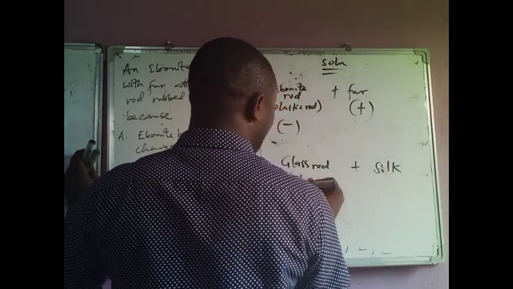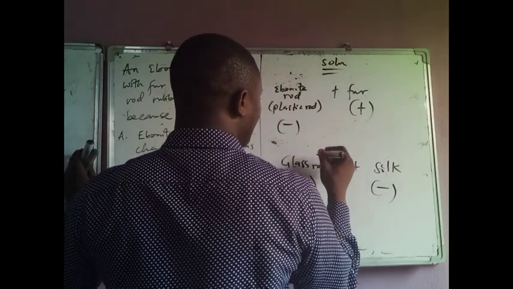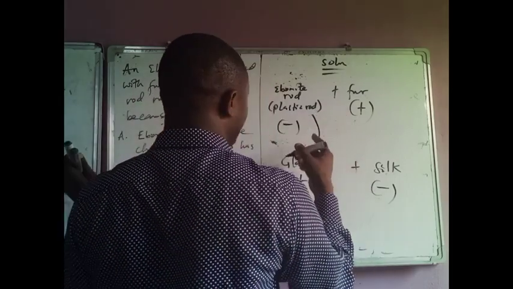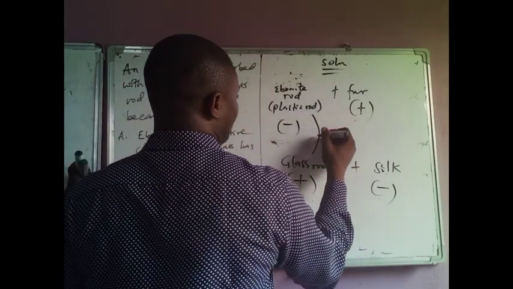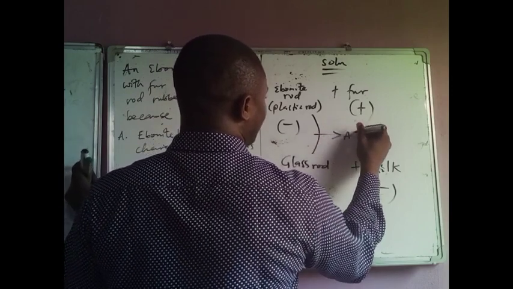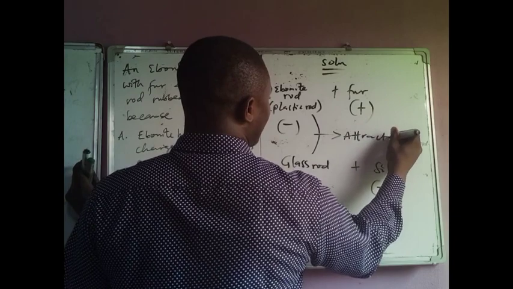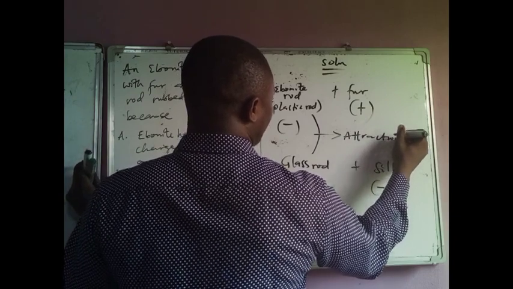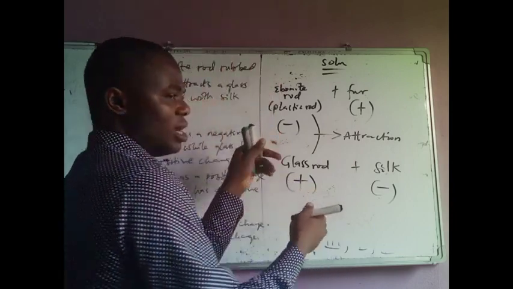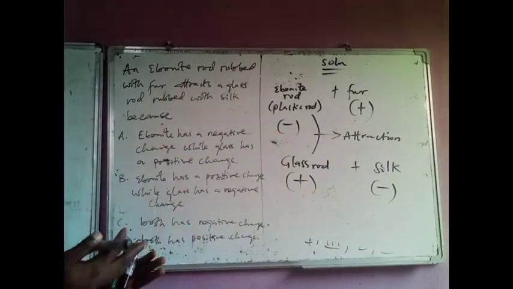The glass is positively charged while the silk is negatively charged. So the attraction that happens here, because the glass rod attracts the ebonite, is according to the fundamental law of charges: like charges repel while unlike charges attract. So attraction will take place because of their different polarity of charges.